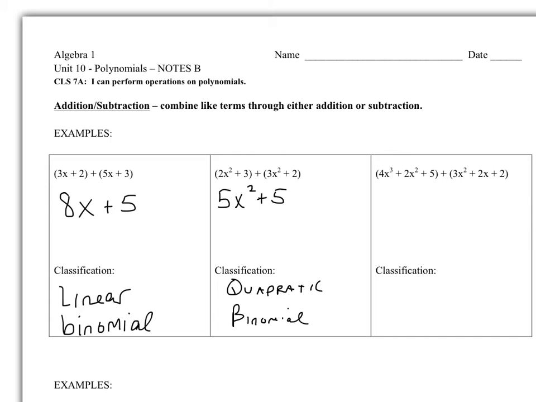Third one here, you can see that there's only one x cubed, so I can't add anything to that. 2x squared plus 3x squared is 5x squared. I do have a 2x, and then 5 plus 2 is 7. So I'm just combining like terms. So this is a cubic polynomial.